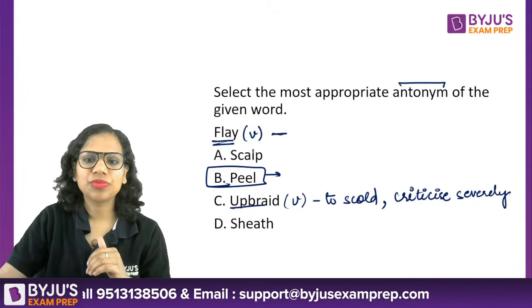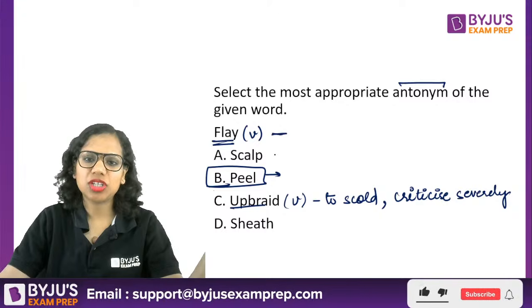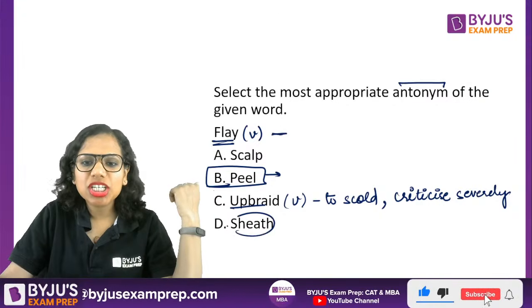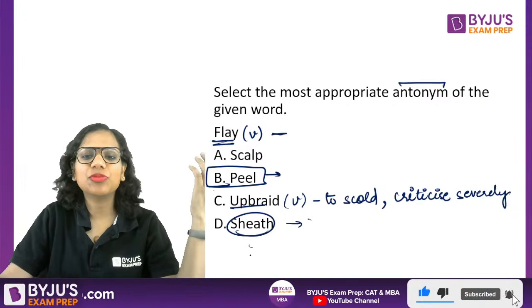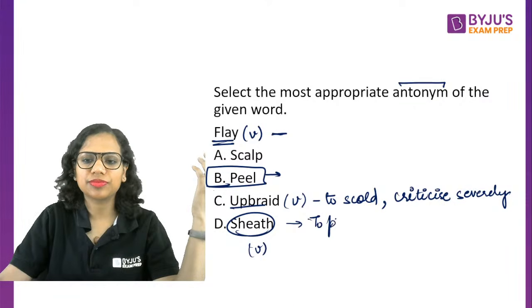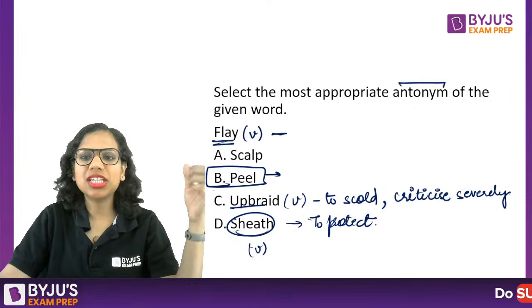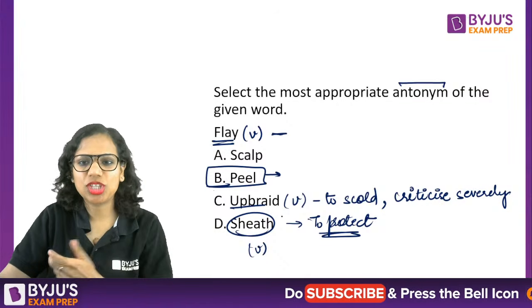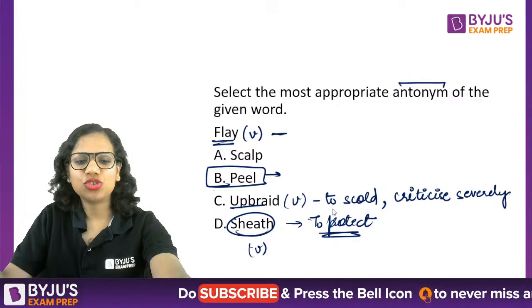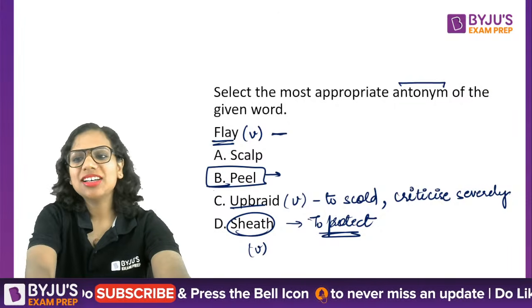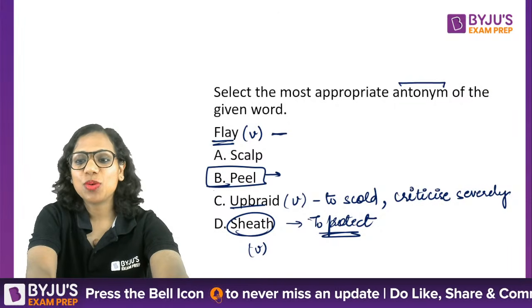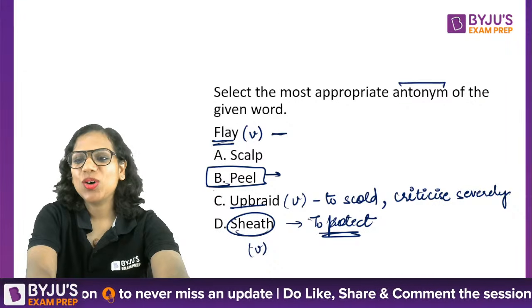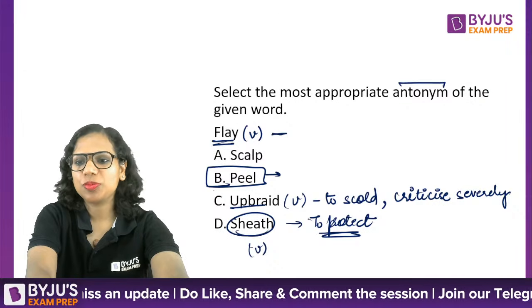So that is upbraid. Scalp, all of us understand what is scalp. Now, sheath means to protect. To sheath someone is to protect someone. Sheaths are these things that people use in a war to protect them. So to sheath means to protect. D is the answer. Yes, antonym question. That is why D. Okay, in synonym antonyms, be careful, particularly.